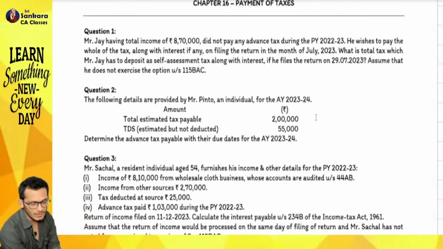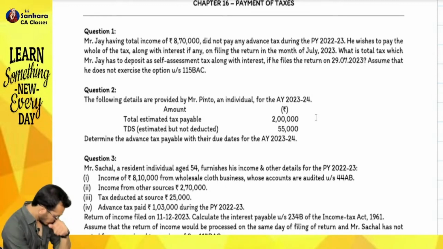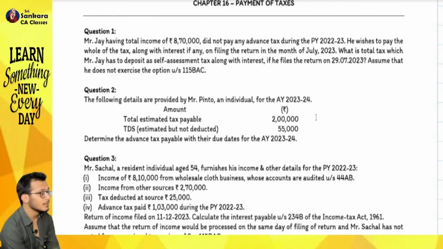What is the total tax which J has to deposit as self-assessment tax along with interest if he is going to file his return on 29 July 2023, assuming he does not exercise the option for 115BAC? Compute the tax and tell me.